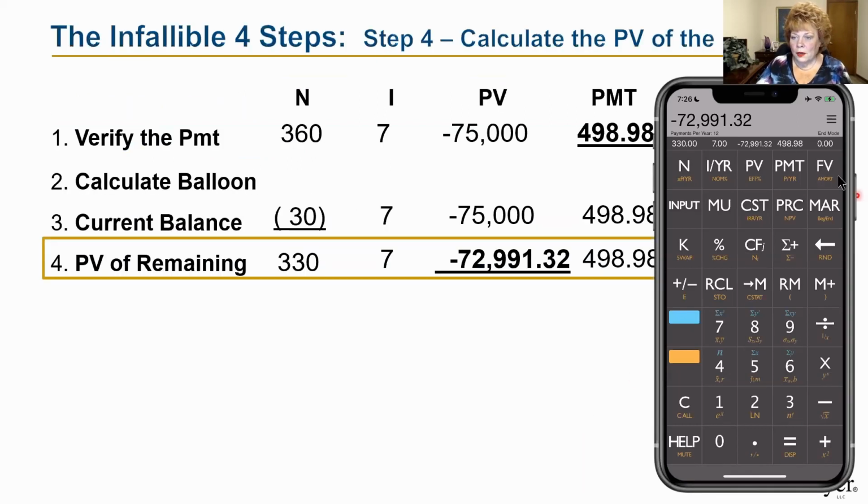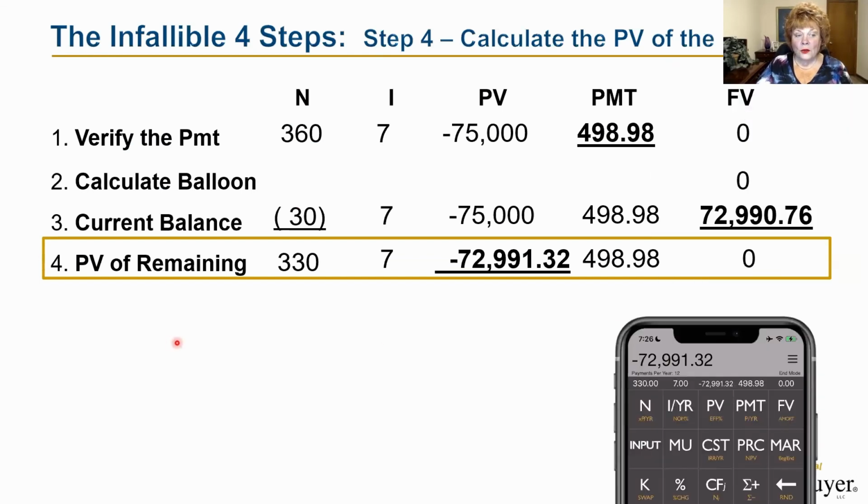So then we go over here and we add that to our list. So these are the 4 infallible steps. Now, do you see something interesting there? It might not be quite as obvious as it is sometimes, but do you see these numbers are almost identical? They usually are $1 or $2 off, a couple dollars off.